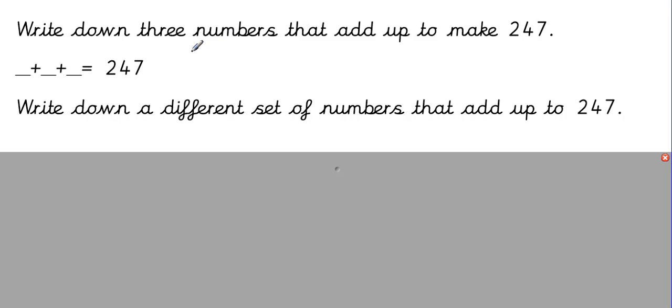So the first number I'd like you to subtract from 247 is 150. Okay, so that would be number one. So then you'd only have one more number to subtract, and then you'd have your answer. And then see if you can do it a different way. Pause the video now and have a go.